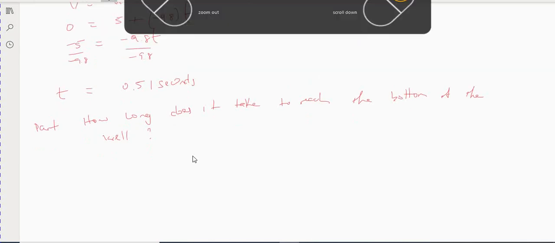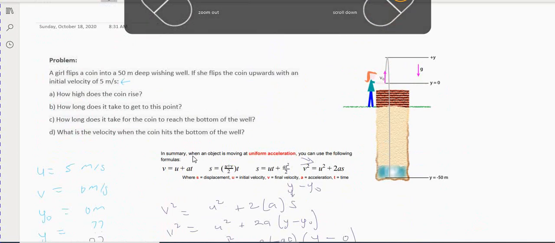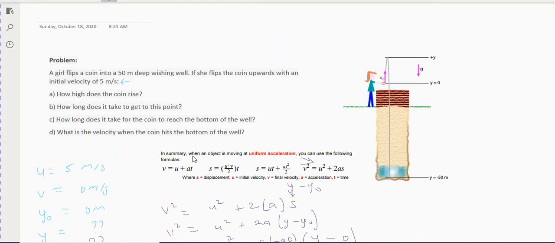Now, one quick thing, because here is where the girl threw, started with tossing the coin, right? And so that's our zero displacement at this point, and the coin is going downwards. We can perceive that the height below the starting point is going to be a negative value because it's going down.